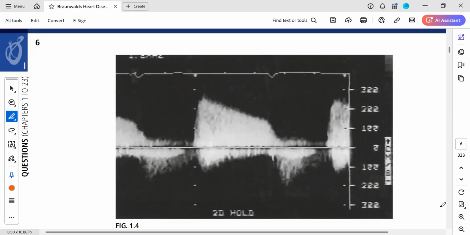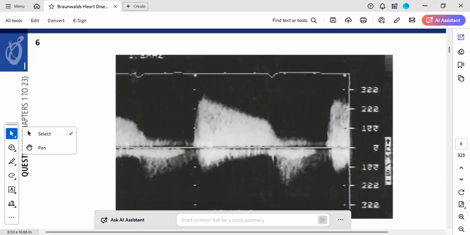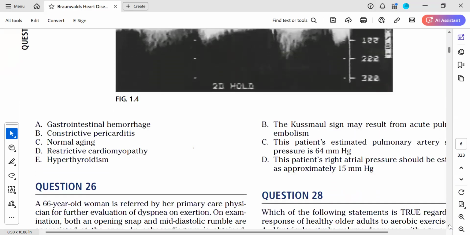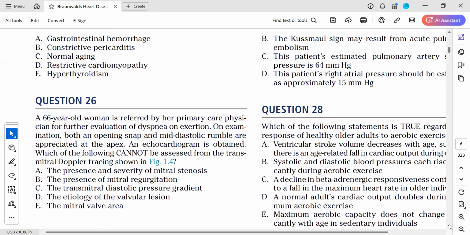Option A says the presence and the severity of mitral regurgitation. Yes, we could have an idea of the severity using the formula: mitral valve area is equal to 220 divided by pressure half-time.